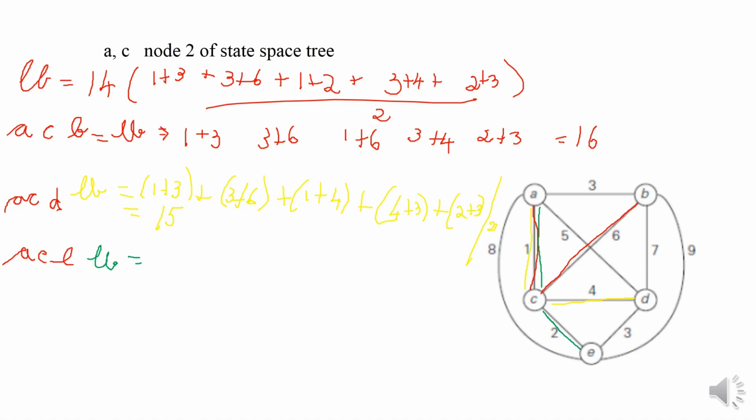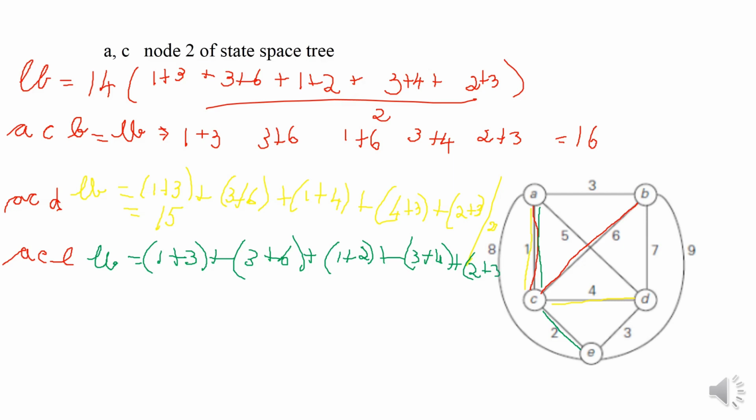In that case, for vertex A, 1 plus 3, plus for vertex B, 3 plus 6, that is the least 2, plus for vertex C, you have to take 1 plus 2, plus for vertex D, you take the least 2, that is 3 plus 4, and for vertex E, you need to take 2 plus 3.